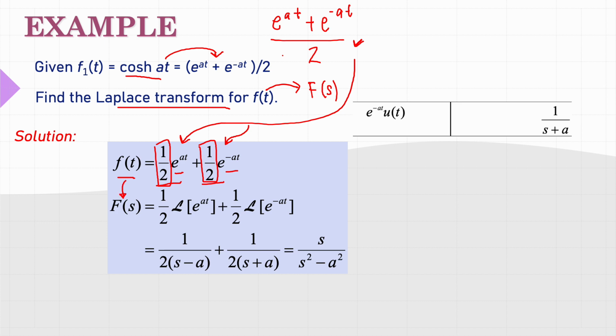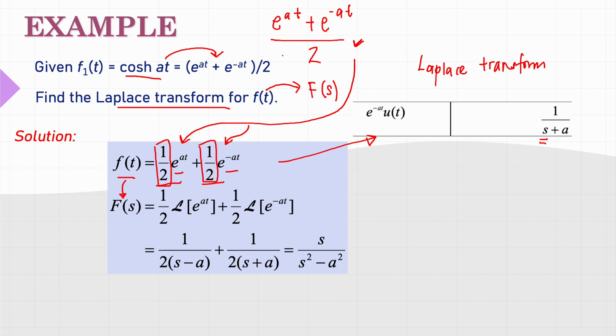What we have to do first is refer to the table in the appendix. Make sure that you are referring to the table regarding the Laplace transform. Always remember the Laplace transform is always in the S domain.